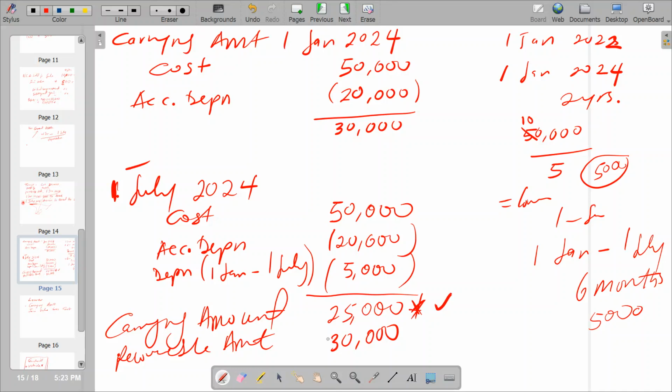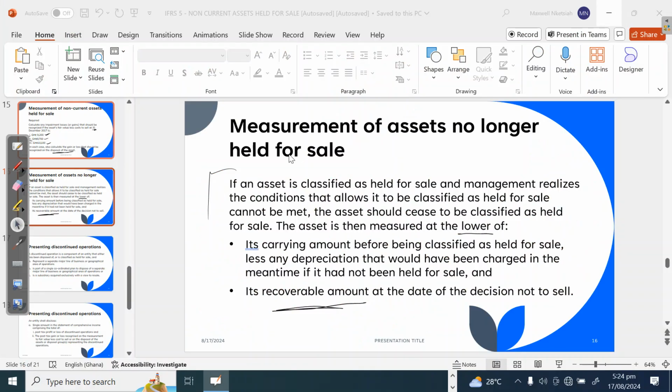But assuming that the recoverable amount is 20,000, we would have picked this because it's the lower. Do you get it? So if we classify an asset as held for sale and later on we say we are not going to sell it again, that is what we have to do. All right. Are there any questions so far?